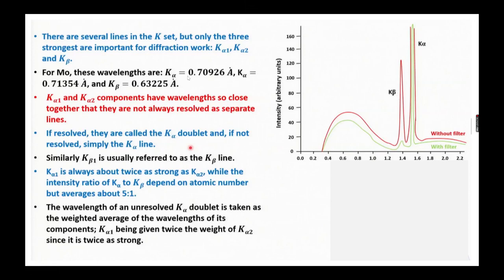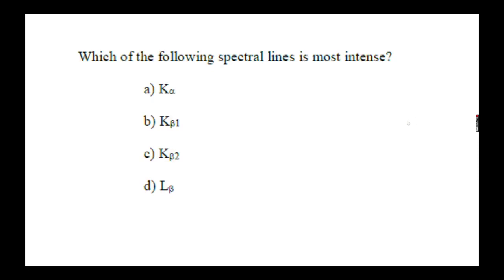Here, for molybdenum, K alpha is 0.7 and K beta is 0.6, so K alpha is higher. The question asks which spectral line is more intense.